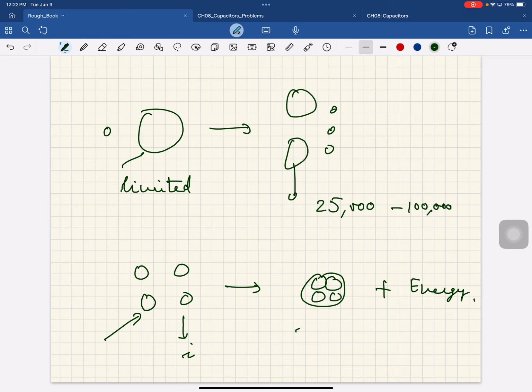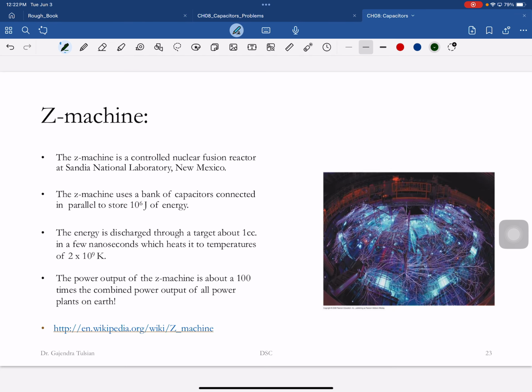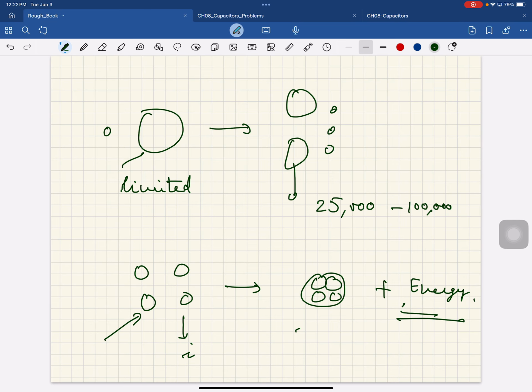Why are you getting energy? The strong force. Yeah, so these guys are bound, and anytime they're bound, they weigh less, and that missing mass got converted to energy. All right, so this is what essentially you want to do. And for the strong force to take over, you got to get them real close.